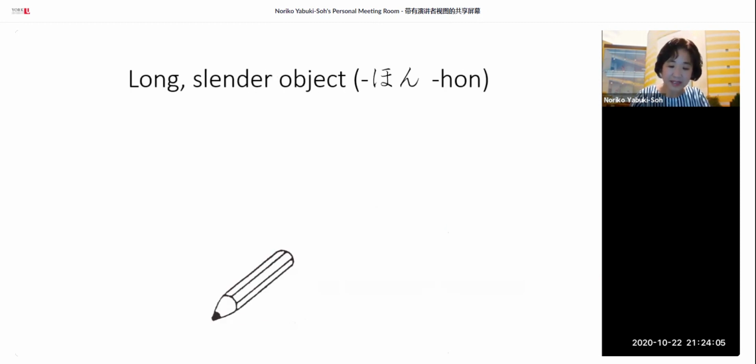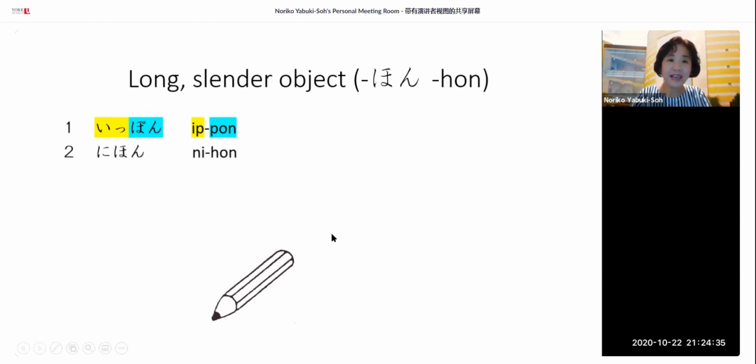Long, slender objects such as pens, pencils, needles, and threads, hon is used. Now, there are lots of irregularities here, both in the number and also the counter, the quantifier part too. So instead of ichi hon, the generic one is hon, but for one slender object, it's ippon instead of ichi hon. And nihon, sanbon.